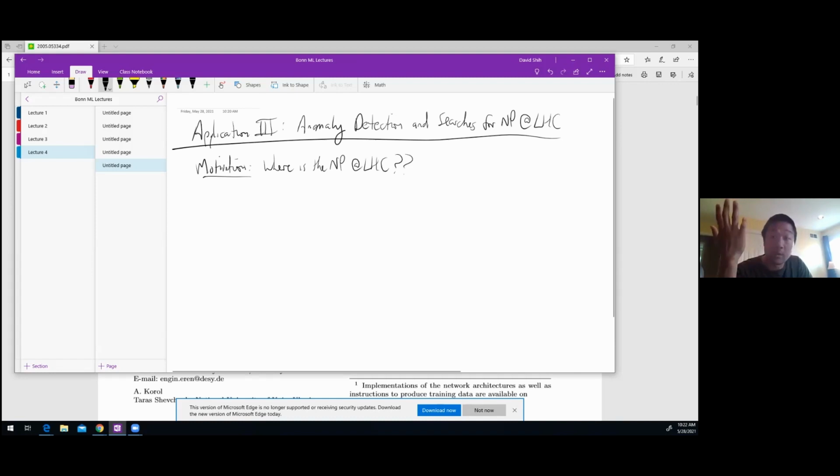And so currently what we've done is we've done many model-specific searches. Existing searches, probably, I don't know, thousands of model-specific or mostly model-specific searches.